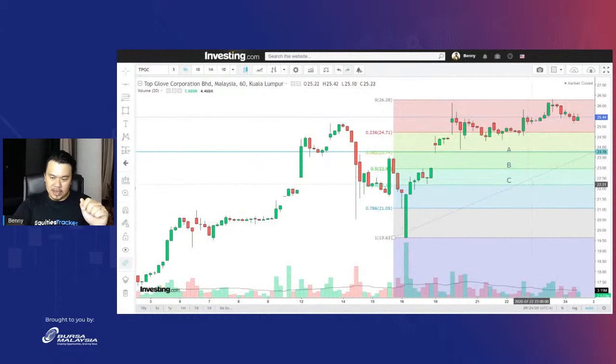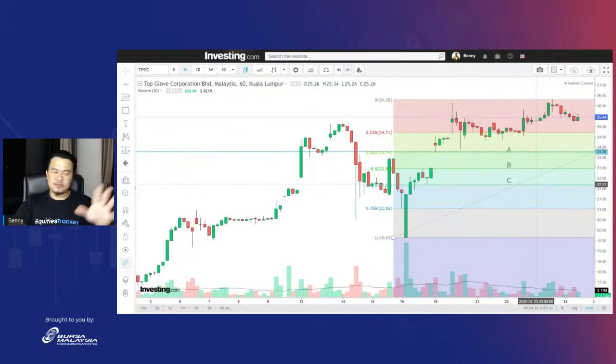So 61.8%, for this counter for example, 22.20 is the 61.8%. So if you want to identify a trend, as long as the price is able to stay above 22.20, that means this trend is still intact. But if it goes below 22.20, that means this trend has weakened.